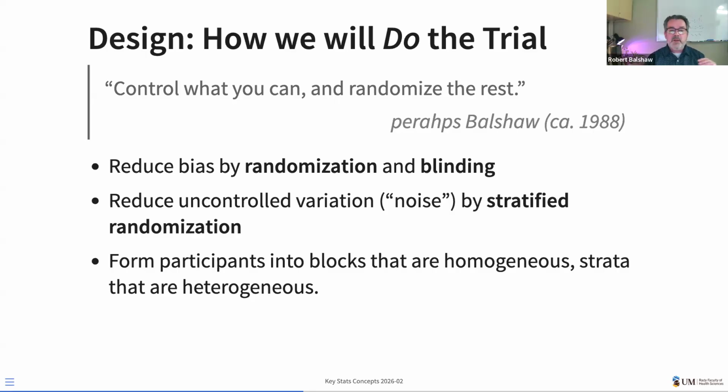We're interested in subgroups, and we want to see balance of the subgroups, with balance of the treatment assigned within those subgroups. And then blocking is a way to ensure that within a set of patients who are otherwise very similar, the only thing that varies is the treatment that's assigned. So blocking is forming participants into blocks that are homogeneous, and stratification is forming patients into subgroups that are heterogeneous.